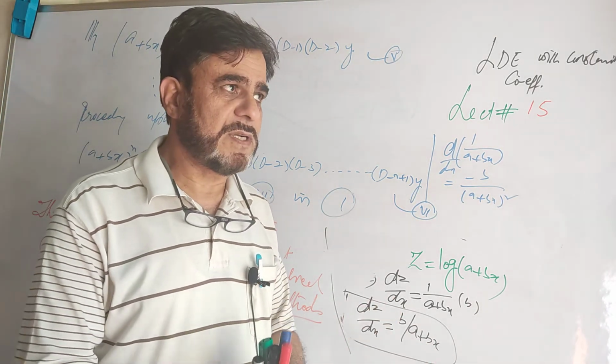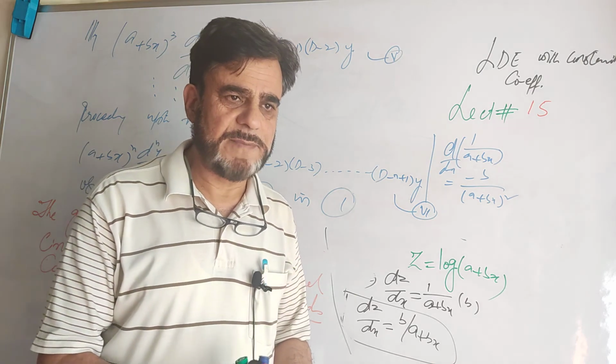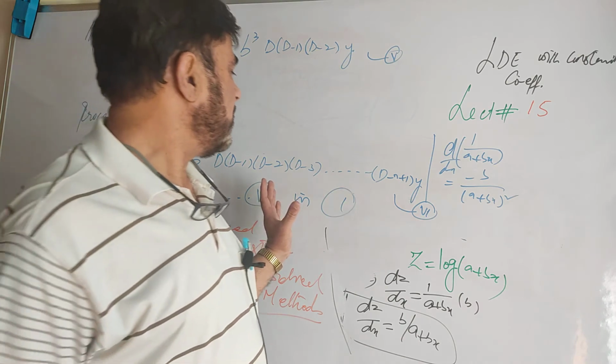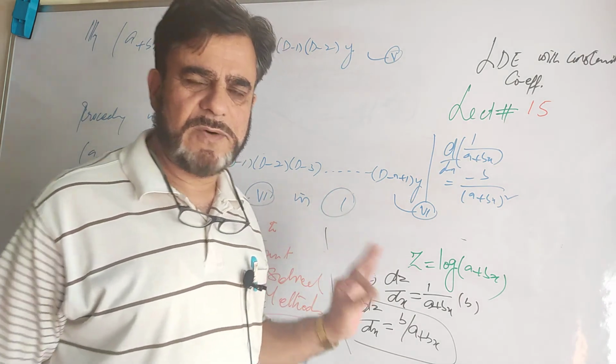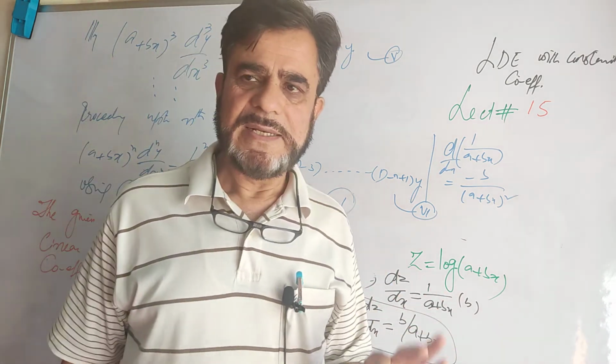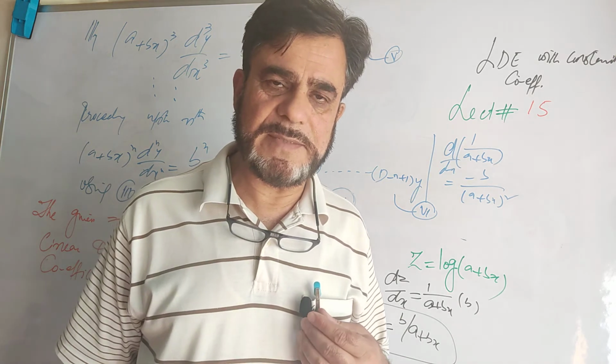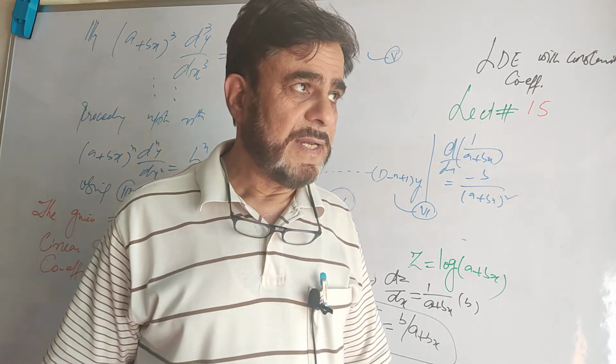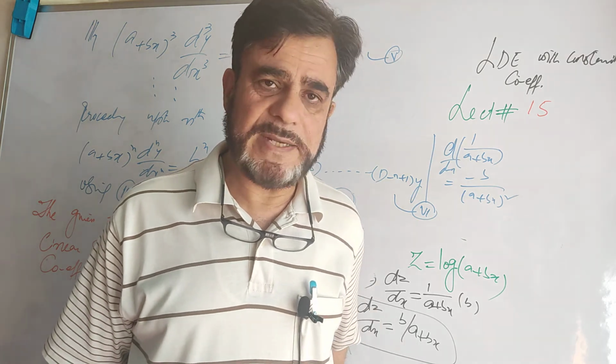But the students who are revising at this time for examination should only remember here the method of solution. That is how we substitute it, how we reduce this type of Legendre's linear differential equation to one with constant coefficients. They must remember the substitution: a plus bx is equal to e raised power z.